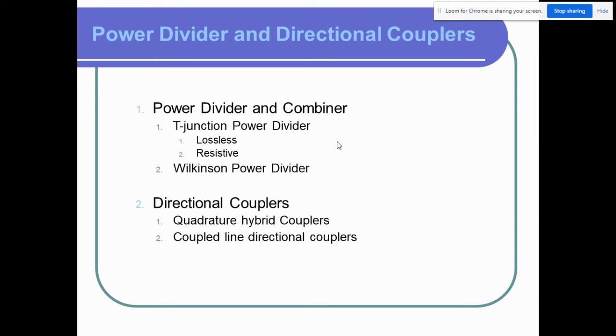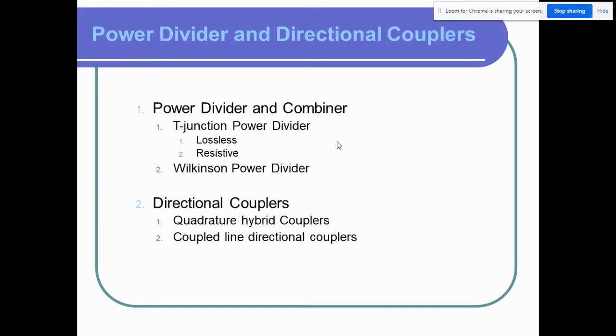And for directional couplers, there are two types. One is quadrature hybrid couplers. There are ring couplers also, but in this course we will not learn about that one. There are actually many, but we just summarize into a few basic designs.